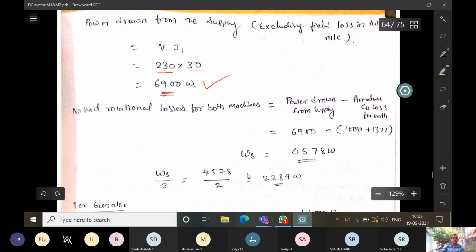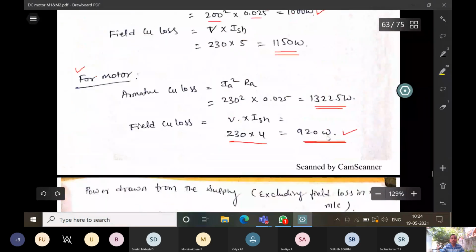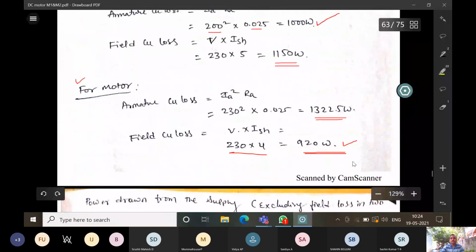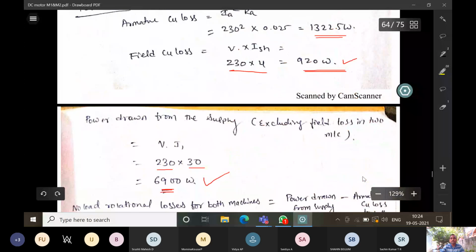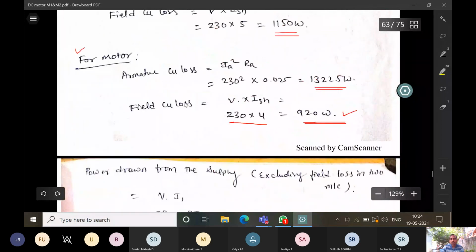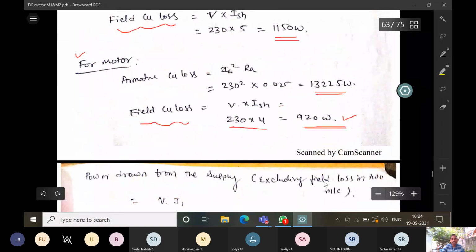No load rotational losses for both the machines is given by power drawn from the supply, that is 6900, minus armature copper loss of both the machines, 1000 and 1322.5. Only armature copper losses are taken, and field losses are taken as constant losses here.